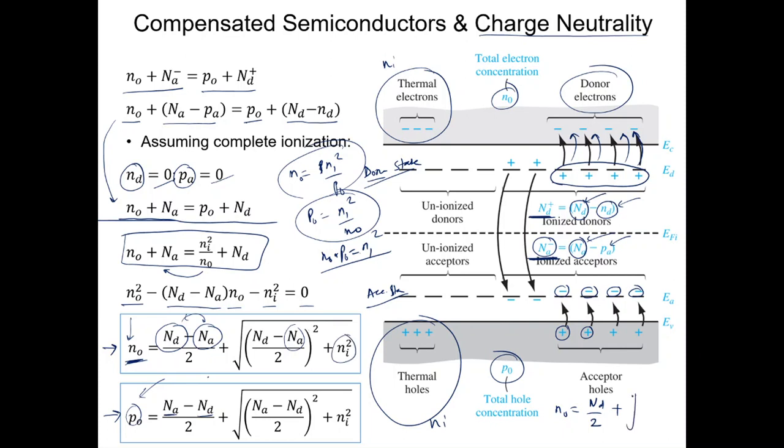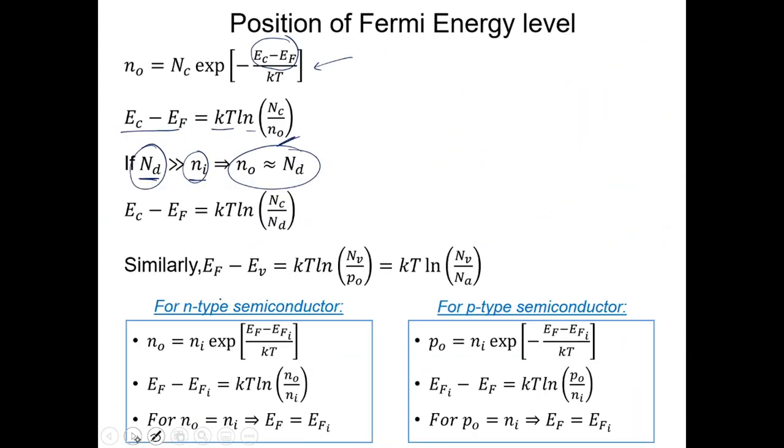So this becomes ND by 2 plus ND by 2, so n0 is close to ND. Of course, there was a small factor because of the Ni, but we are ignoring that because ND is significantly greater than Ni. So you can write n0 to be equal to ND.